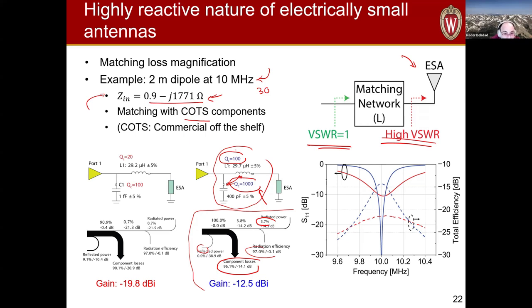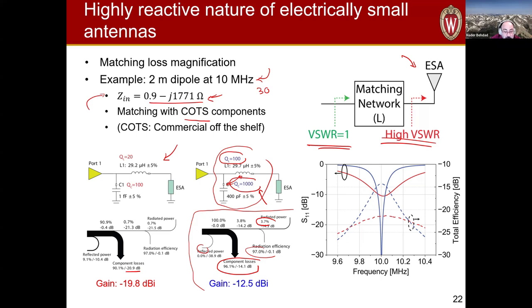Now, an inductor with a quality factor of 100 is a really good inductor. Typically, for large inductors, we can get quality factors that are much lower. So if you do the same exercise with an inductor that has a lower quality factor, you see that the problem would be even worse here. Now I have something in the order of 21 dB of loss in my components.